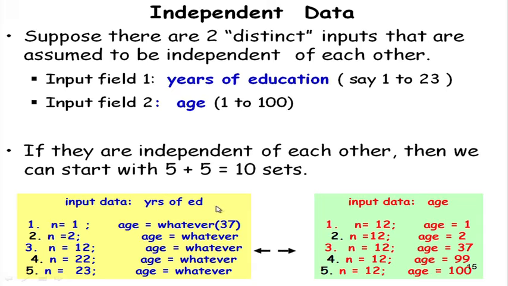If we consider them independently, then we need 5 for the years of education and 5 for the age. And therefore, we would need 10 test cases.